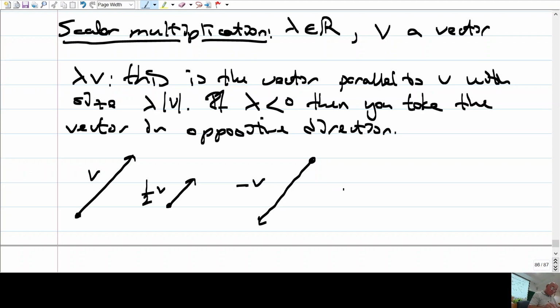Minus 1/2 v is this one. You take both its negative and then divide its length by 2. All right.